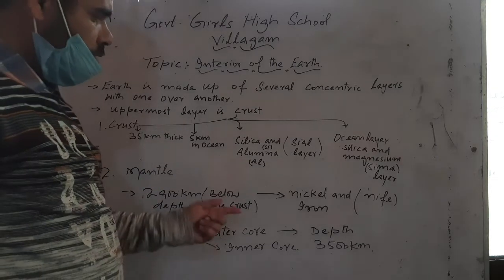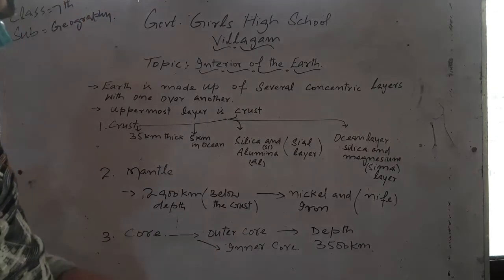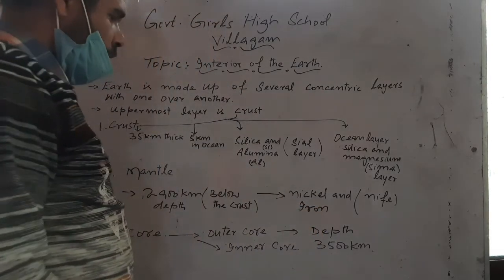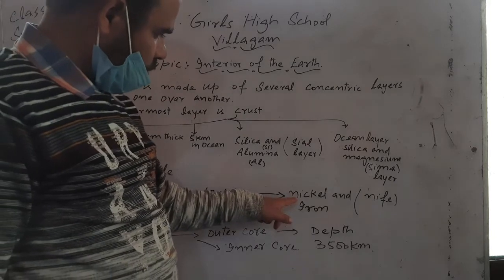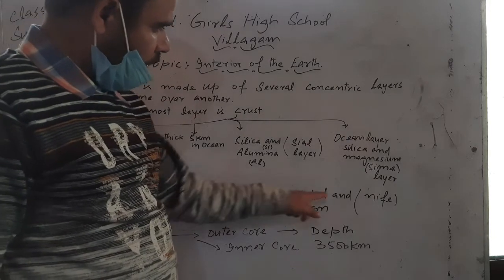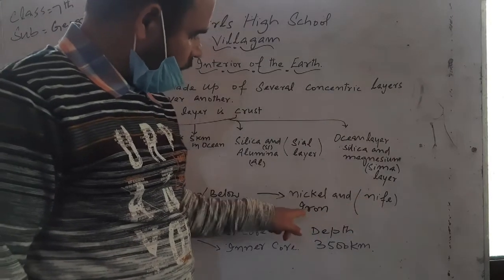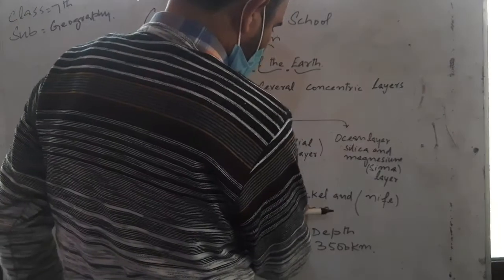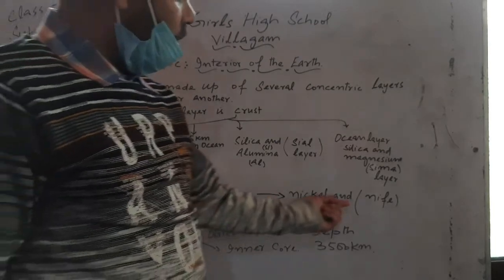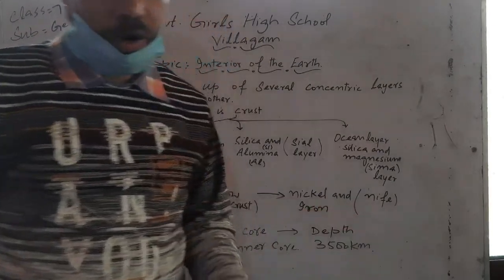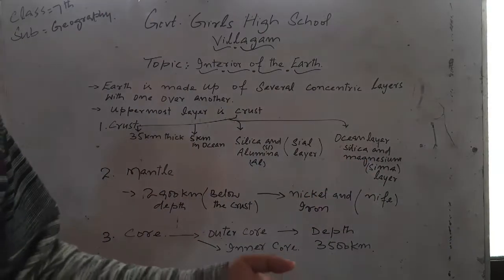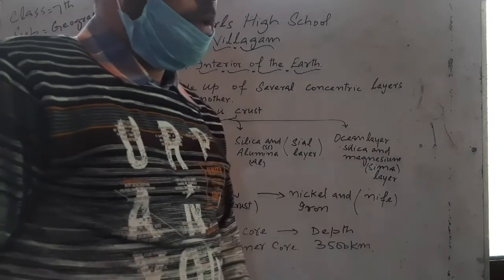It consists of two metals, that is nickel and iron. The first two alphabets of nickel are Ni, and the symbol of iron is Fe.